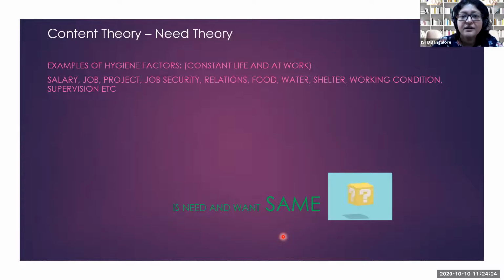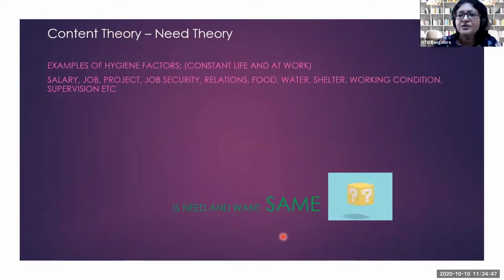So job security, relations, food, water, shelter, supervision. If you don't have a manager to guide you, to direct you, sometimes micromanagement most of us do not want, but if you don't have a supervisor, you will just log in at 9 o'clock, and punch out at 5 o'clock every day.